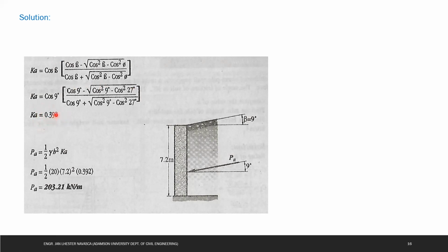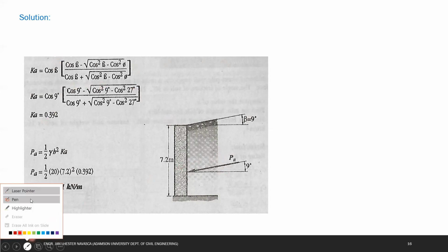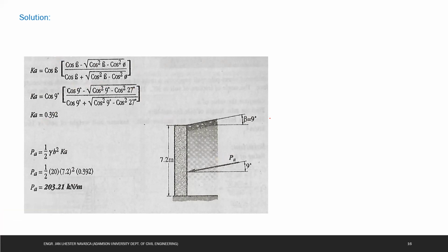Then again, your P sub A. How to solve for P sub A? This is one layer of soil, so the assumption is this one.